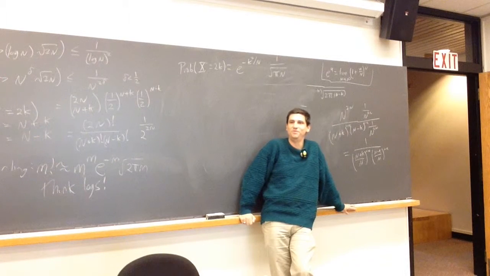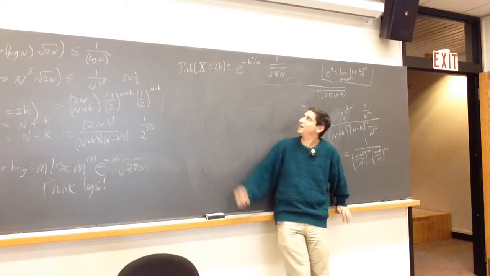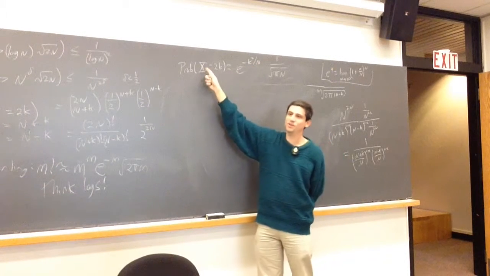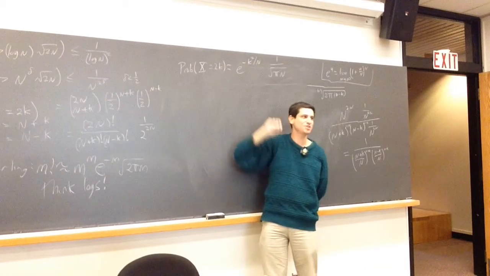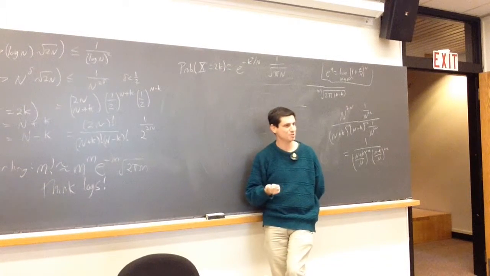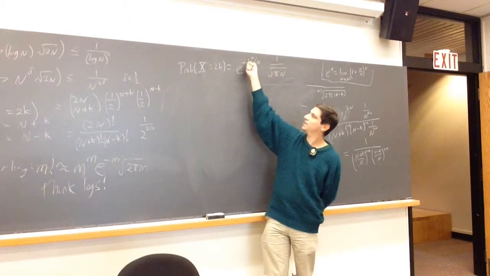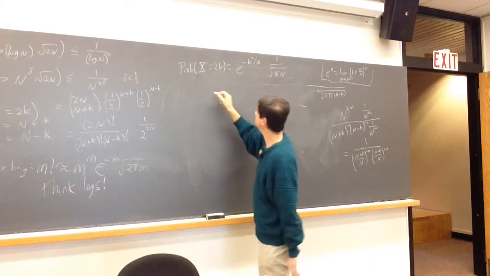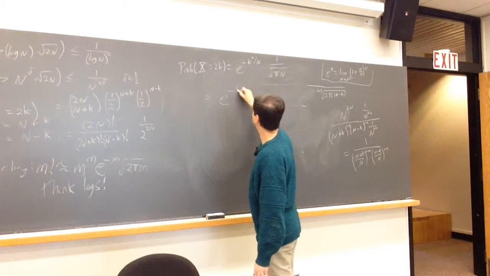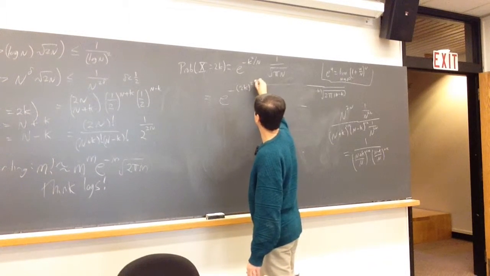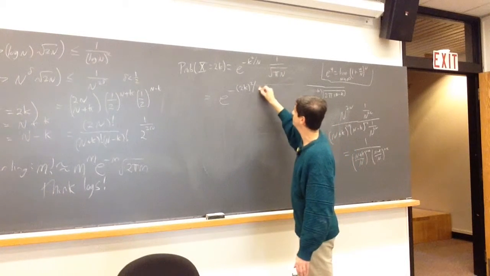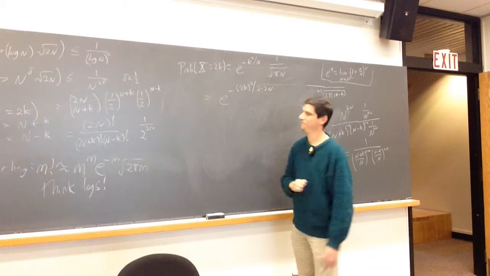Yes? But is that because there's a 2k? Yeah, shouldn't this k squared be a 2k squared? Because we're evaluating what's the probability that x equals 2k, and we're expressing it in terms of k. We should express it in terms of 2k. Can I replace k with 2k? Only if I divide by 4. So this is the same as e to the negative 2k squared. Now I have a 4 down below, and I'm going to write the 4 as 2 times 2n.